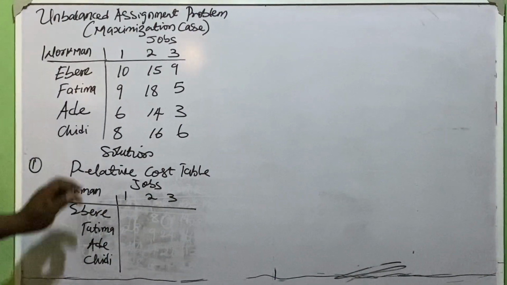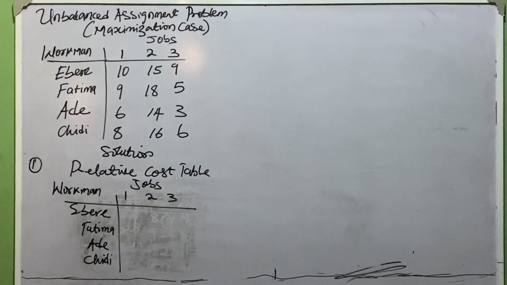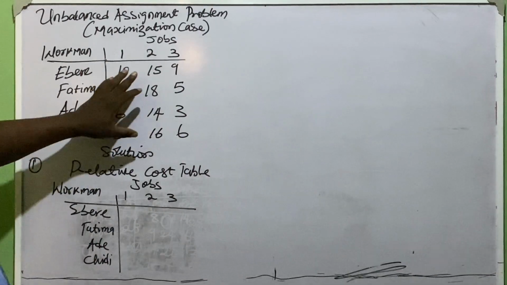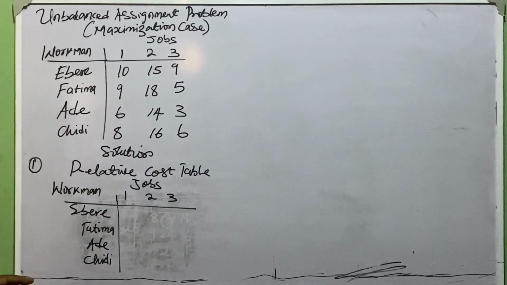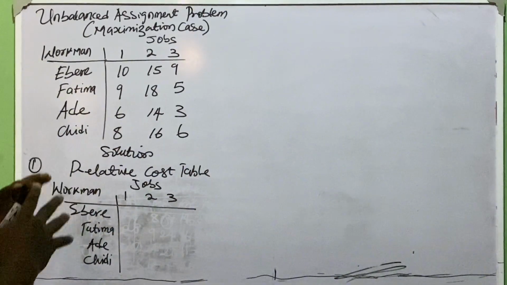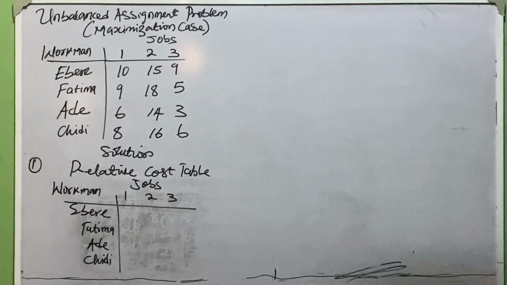To convert to relative cost is quite simple. When you assess the whole table, you identify the highest value, the largest value, and you deduct every other value from it. By so doing, you would have converted to relative cost.